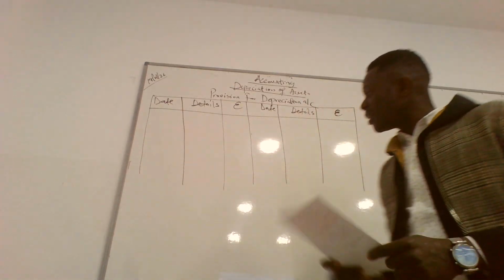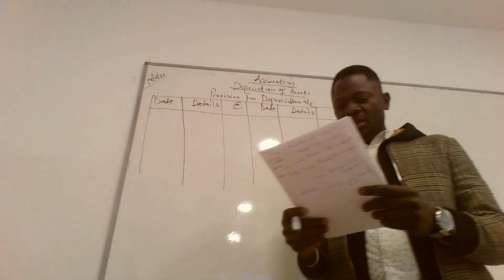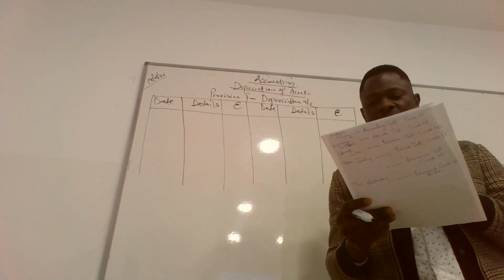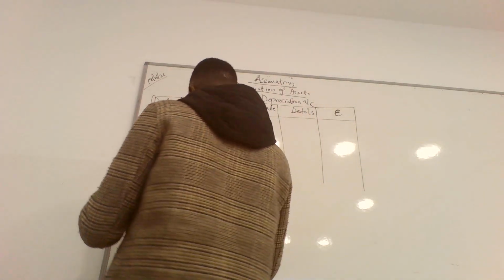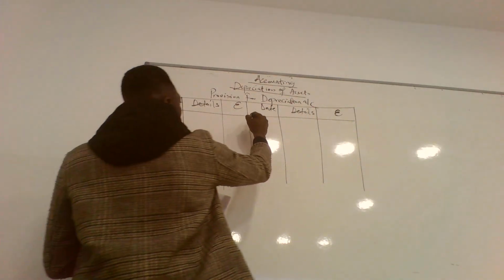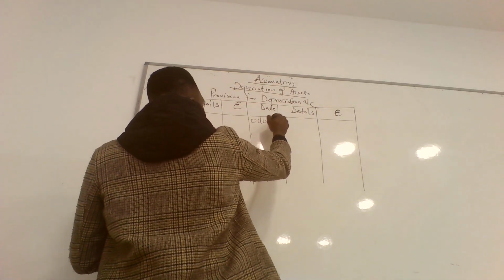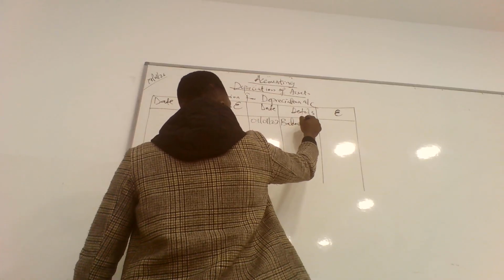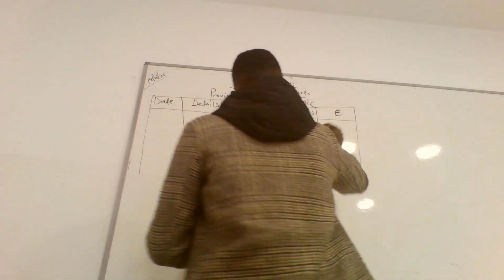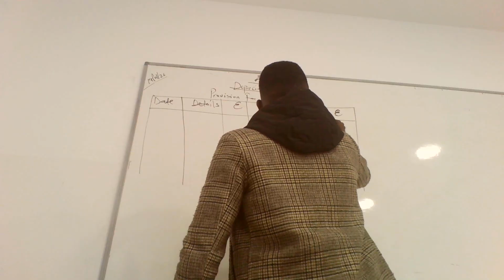So the question said the provision for depreciation for the year is 25,000 at the beginning of the year. So we have 01/01/23 balance brought down, the value of depreciation, 25,000.